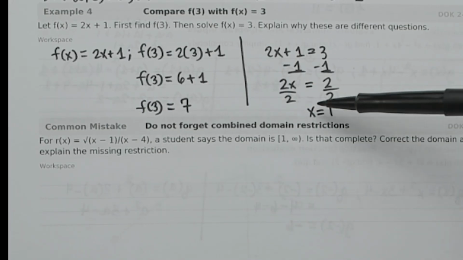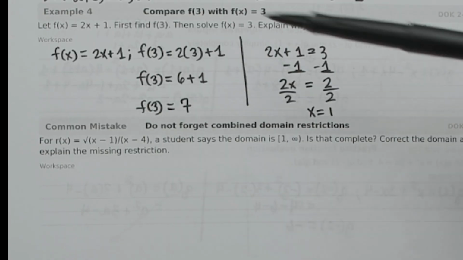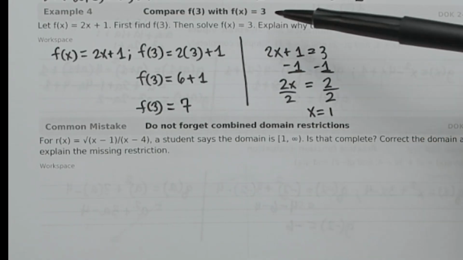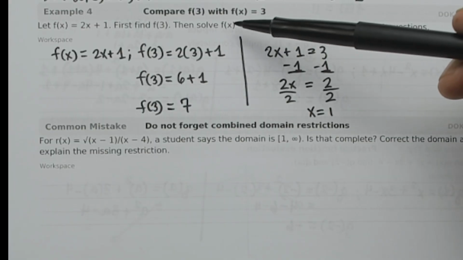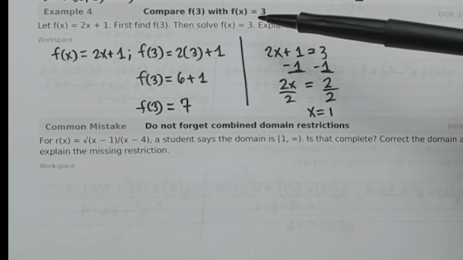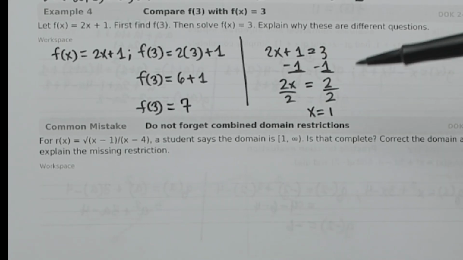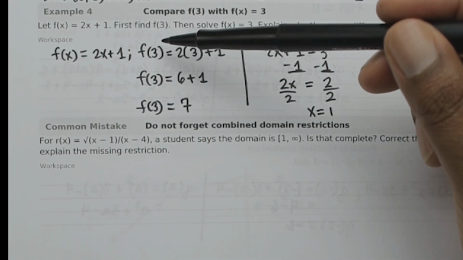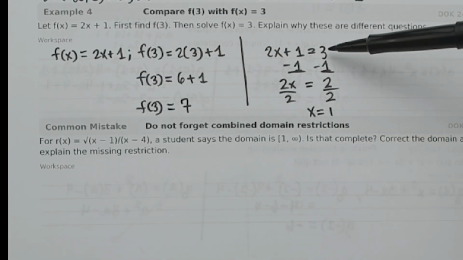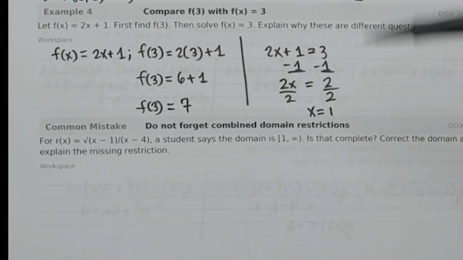So if we put in 1, guess what comes out? 3. Those are two different questions. This one asks you to use an input of 3. This one already gives the output and then asks us to find the input.